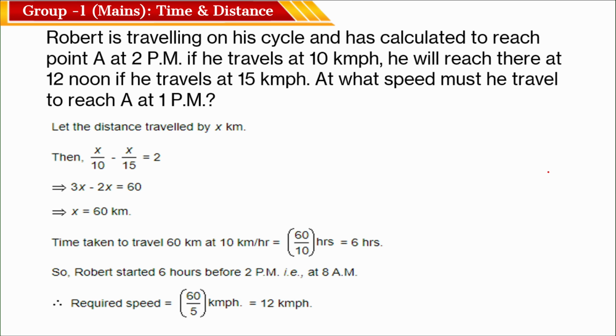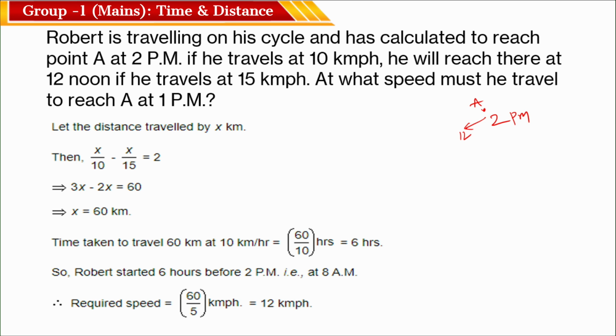Robert is travelling on his bicycle, calculated to reach a point A. To reach this point, the time is 2 p.m. If he travels at 10 kilometers per hour, he will reach at 12 noon, which means 2 hours earlier.